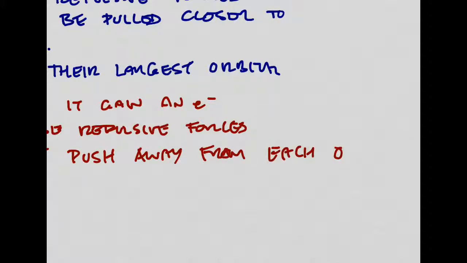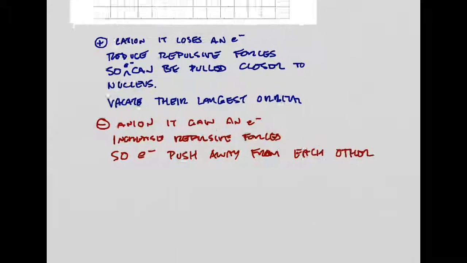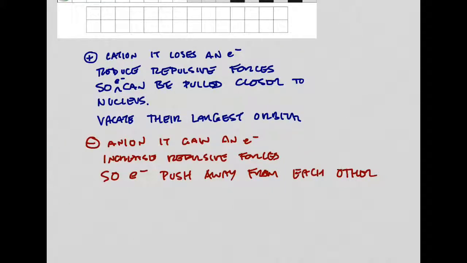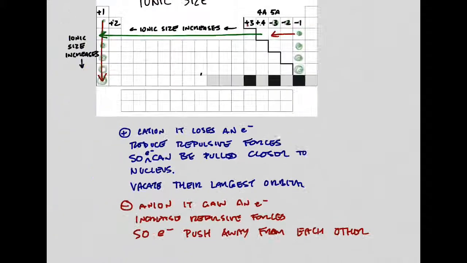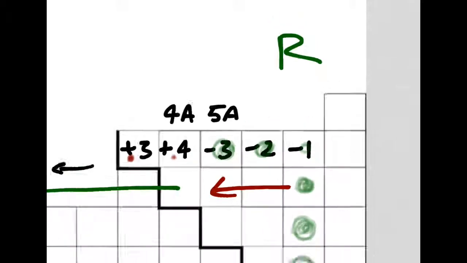That's an O. And if they push away from each other, they expand in size. So the more electrons you gain, the more you're going to get this expansion, which explains what's going on here between -1 to -3. You gain more electrons as you go from right to left, and therefore it gets bigger.